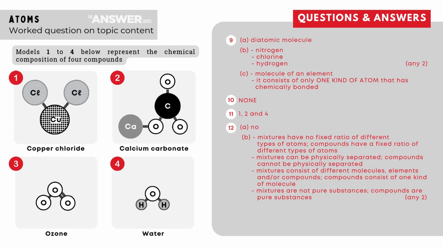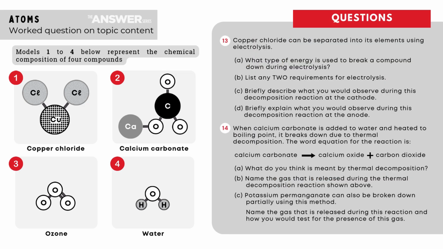Also important is to note that you have to list a difference, which means that you have to give a comparison within your sentence. You can't just say mixtures do not have a fixed ratio of different types of atoms and expect to get your mark, because you're not saying anything about the compounds, and you can't expect the teacher to read into your answer that they now assume you mean that compounds then do have a fixed ratio of different types of atoms. Pause the video here and try to answer the questions yourself before we work through the answers together.